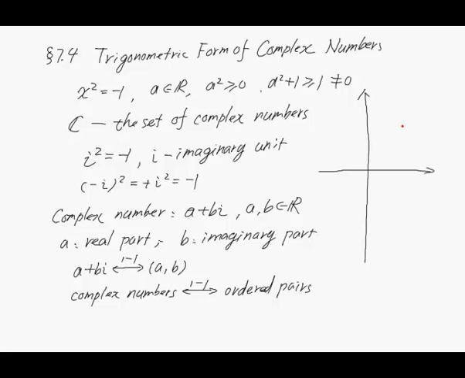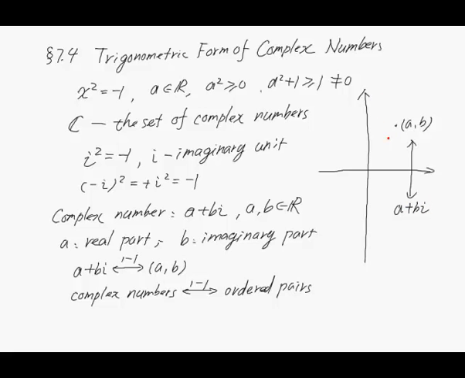So we have the point (a, b) here, and this just corresponds to the complex number a plus bi.